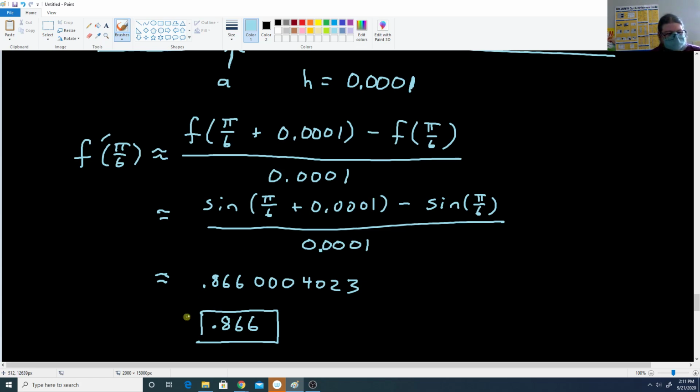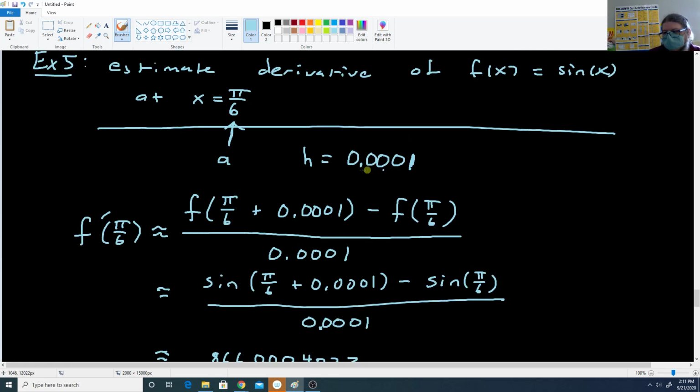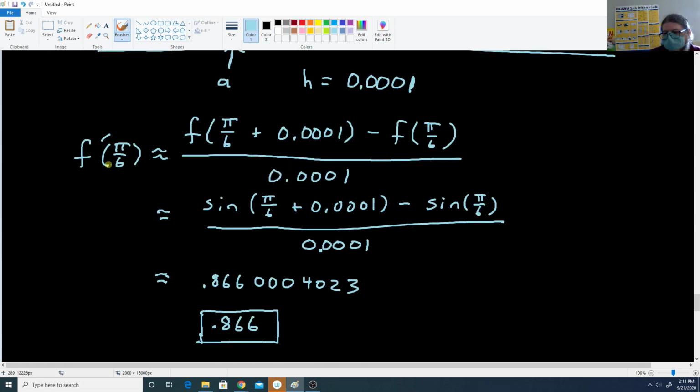And if you check that with the book, it lines up and agrees with what they're doing. Again, the smaller we chose the h, the more accurate we would find the instantaneous rate of change of sine at x equals pi over 6. But for 0.0001, we get this value back, and we estimate it there and say that's probably good enough.